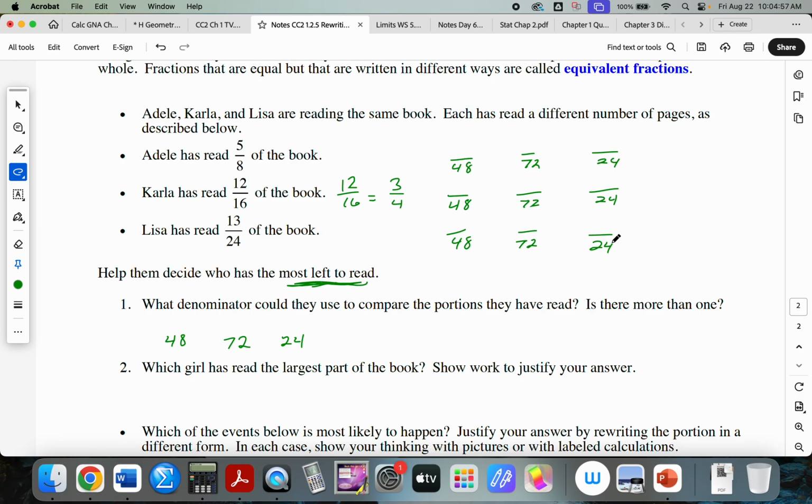All right, so, Nyla, which denominator did you pick? 24? All right, so tell me what your new fractions are.